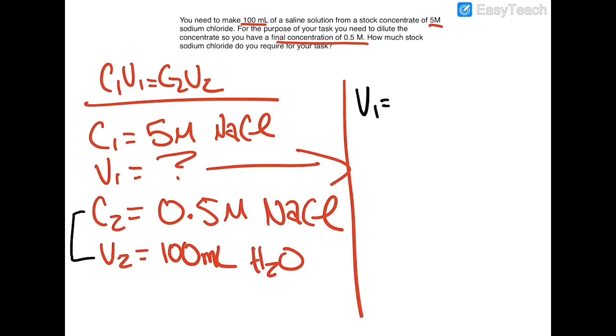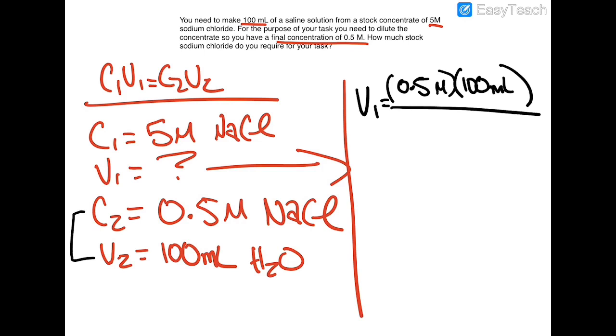So we're going to put in our 0.5 molar, which is our final concentration, and we're going to multiply it by our final volume, which is 100 milliliters. And then we're going to divide by C1, which is our stock concentration of 5 molar sodium chloride.